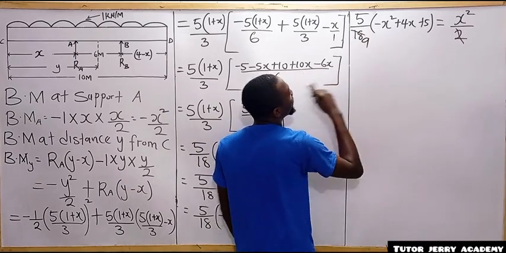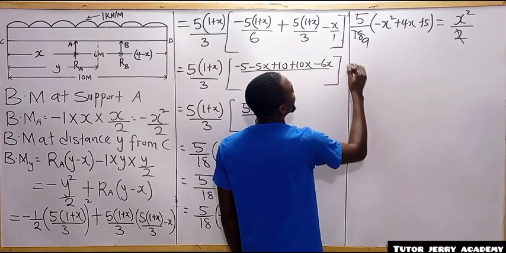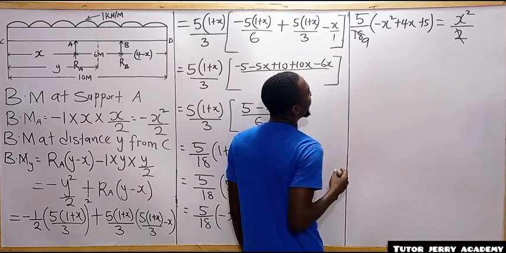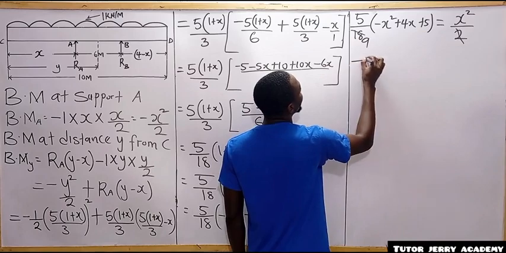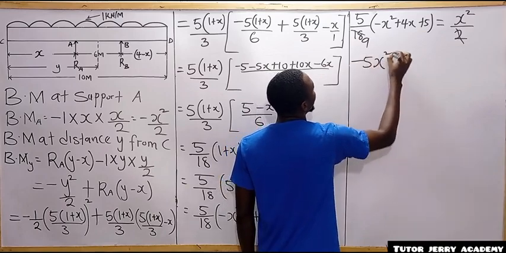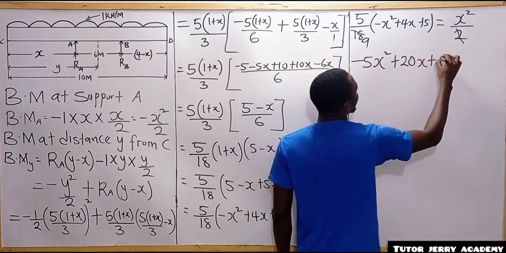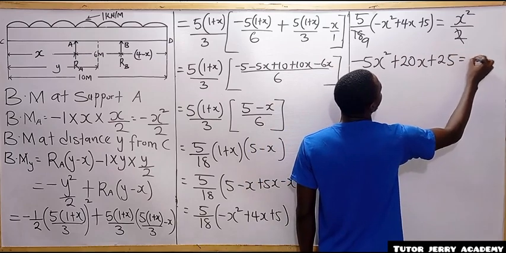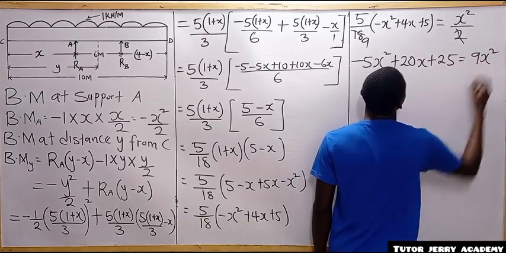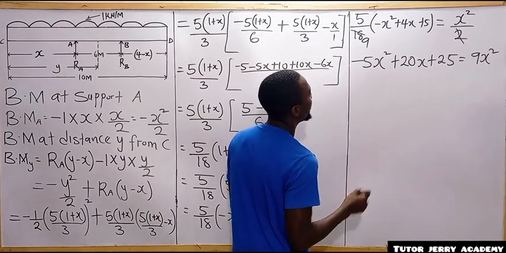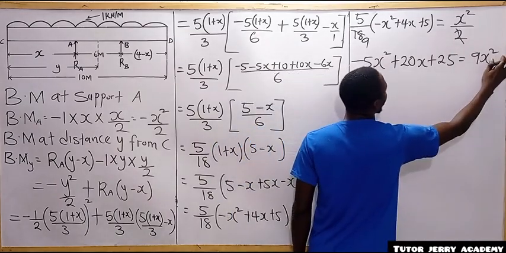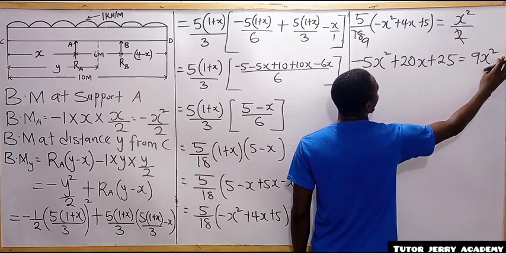All right, so you know that 2 times 9 is 18. If you cross multiply, we're going to have this to be 5, and then you multiply through by 5. I'm going to have minus 5s squared plus 20s plus 25 equals 9s squared. By the time you move this to this side, it's going to be plus.